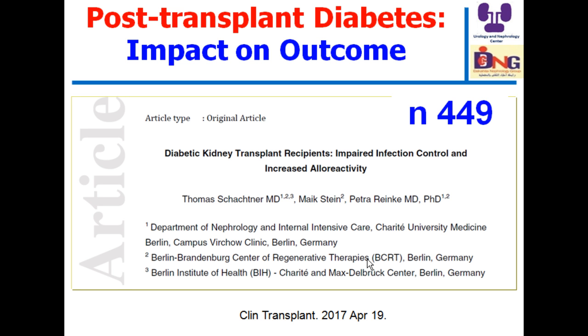Maintaining adequate immune suppression to prevent rejection seems important. So again and again, there is a correlation between the presence of diabetes, either before transplantation or development of diabetes post-transplantation, and impaired infection control and increased alloreactivity.